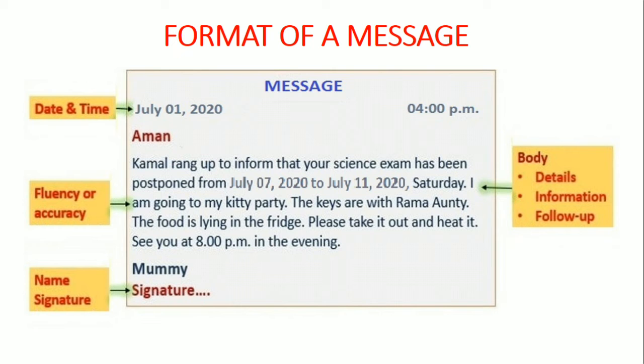The food is lying in the fridge. Please take it out and heat it. See you at 8 p.m. in the evening. So, dear students, this is the body of the message where details are given, right?